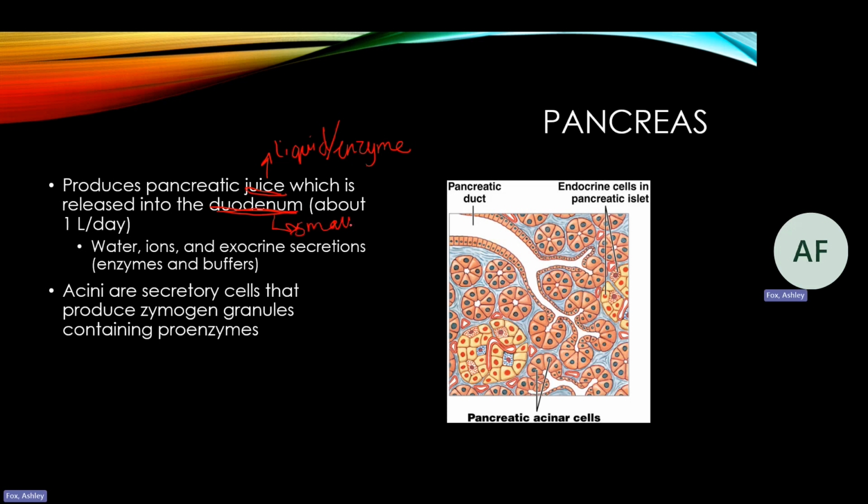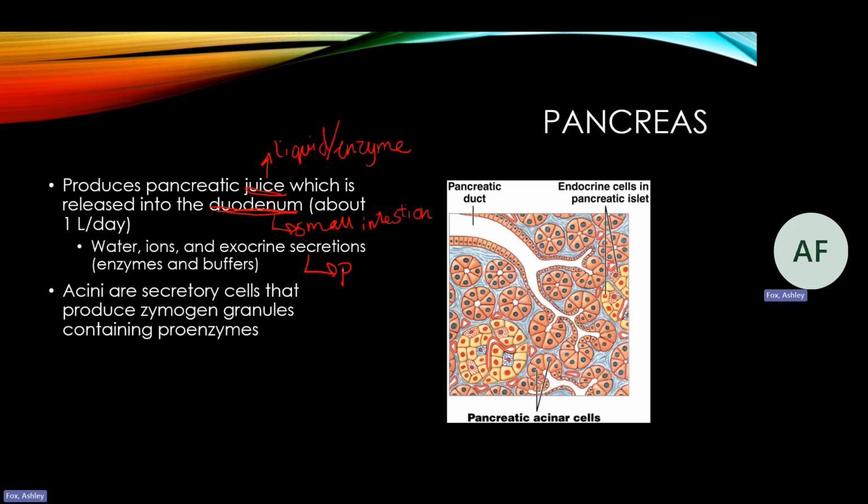Remember, small intestine goes duodenum, jejunum, ileum. So it's about a liter a day. What is it composed of? It's the enzymes. Exocrine secretion is going to be pancreatic secretions because remember it's an exocrine and an endocrine gland.